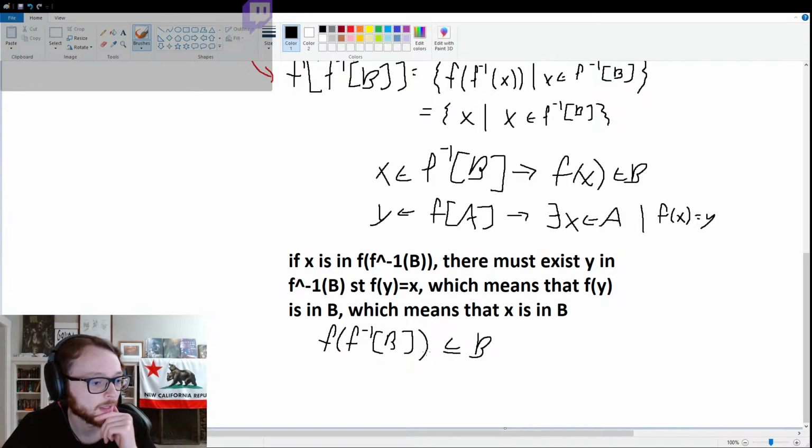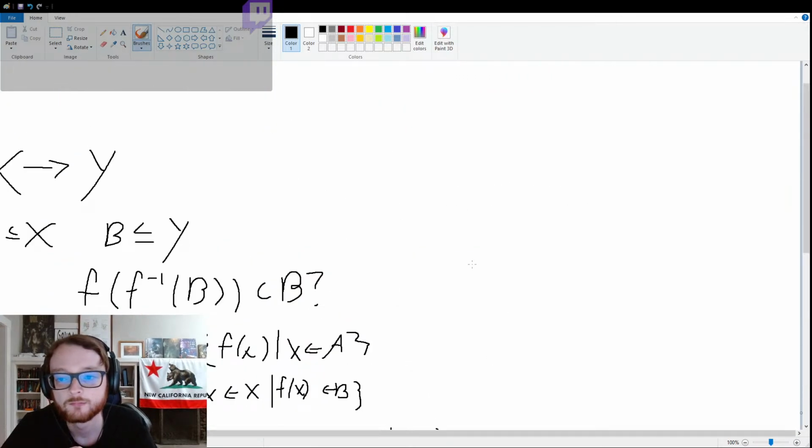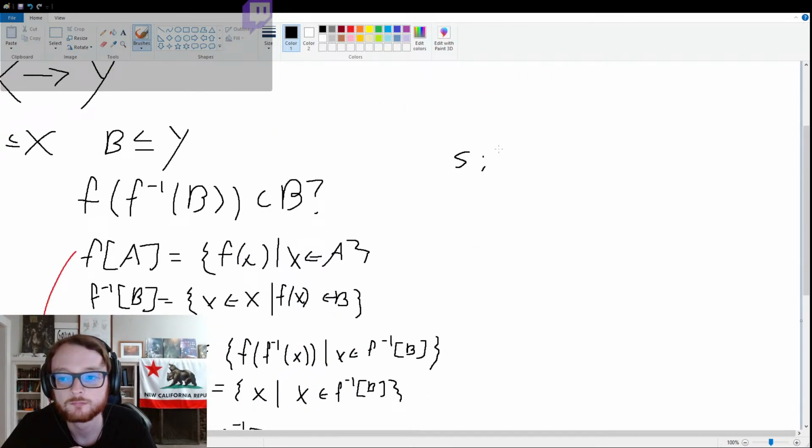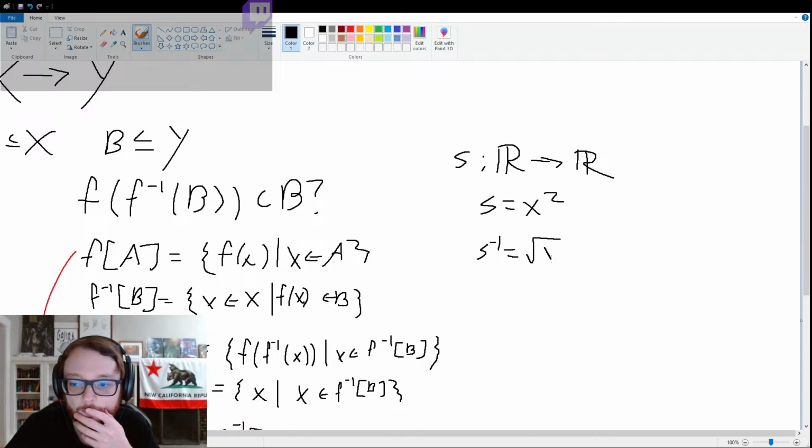Consider the function s mapping R to R, where s equals x squared. The issue is that we have to make a choice of positive or negative root, I guess.